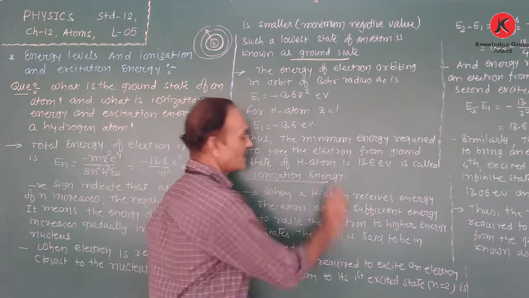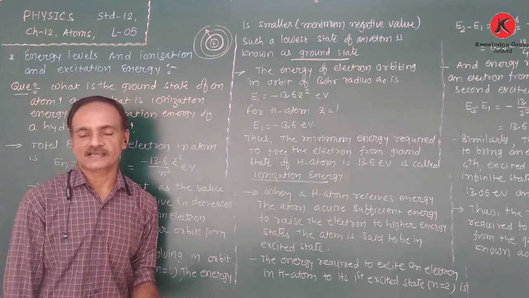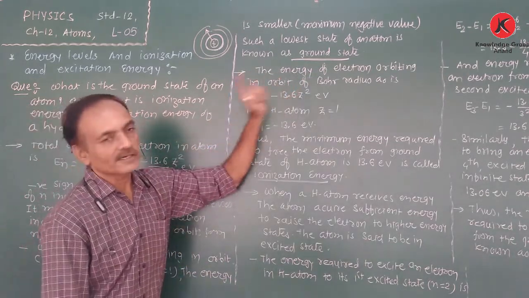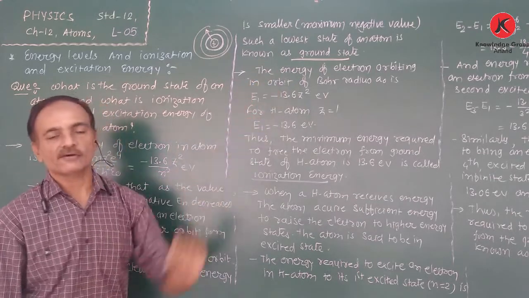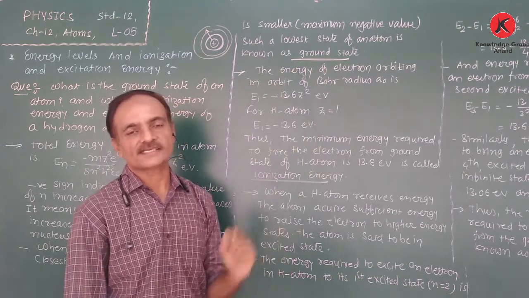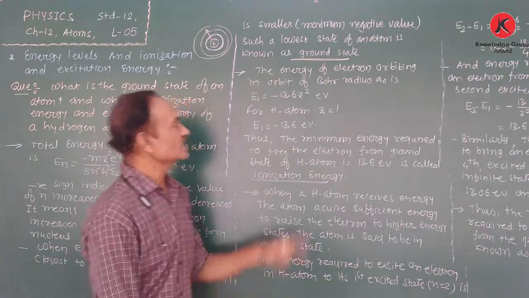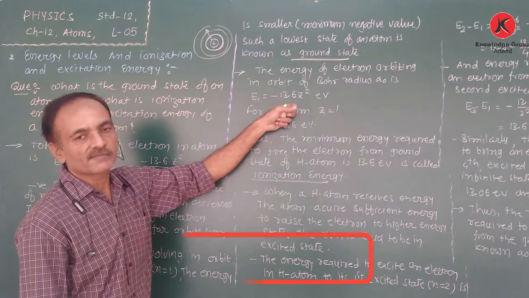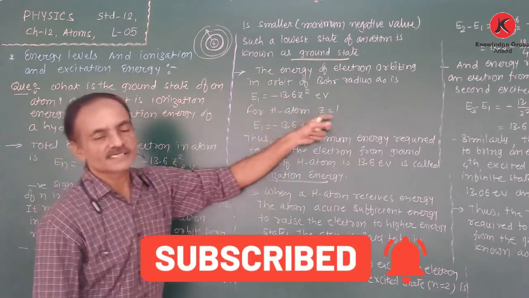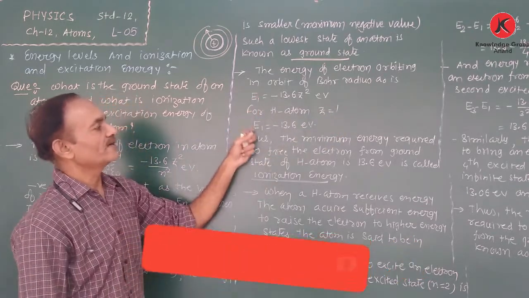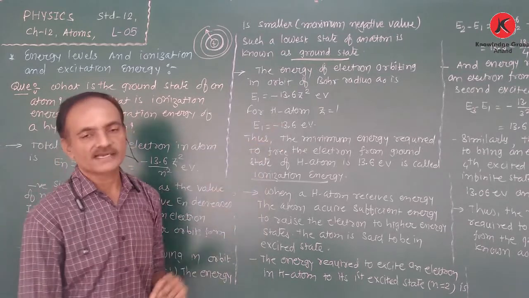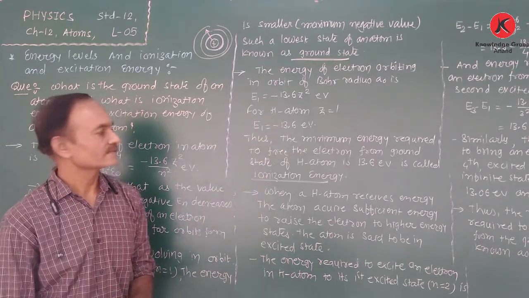After the definition of the ground state, what is the ionization energy? For that purpose, the energy of an electron orbiting in the orbit of Bohr radius, that means the energy of an electron in the first state, n is equal to 1, is E1 equal to minus 13.6 Z square electron volt. For the hydrogen atom, Z is equal to 1. Therefore, the minimum energy of the electron in the first orbit is minus 13.6 electron volt.